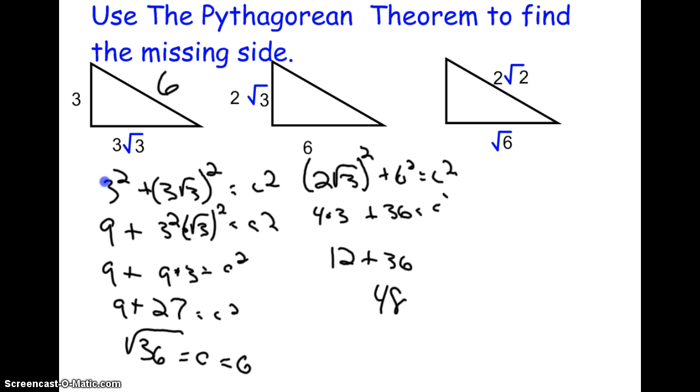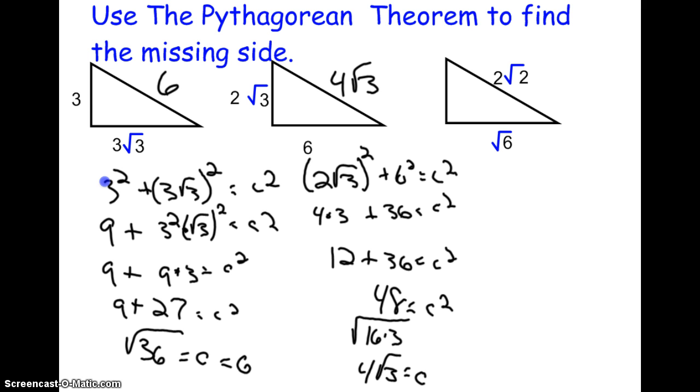This again is equal to c squared. When we simplify this a little bit further, 48 is 16 times 3. I use 16 because that's a perfect square. The square root of 16 is 4, and I end up with that answer this time: 4 square root of 3.